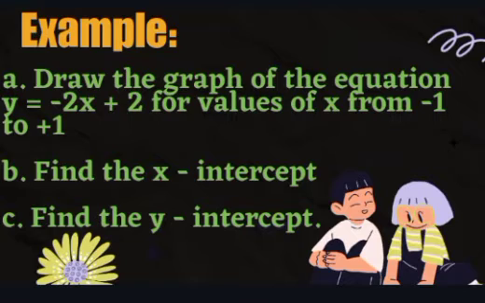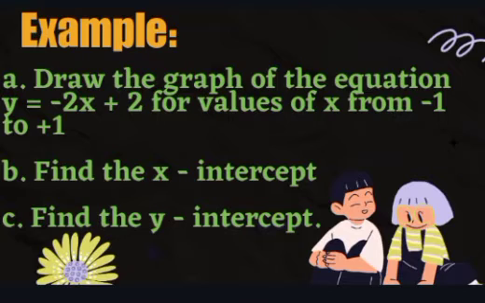So it should not go below minus 1. We don't need minus 2. And it should not go beyond plus 1. That is what we mean by a range of values of x from minus 1 to plus 1. If you are told to use values of x from minus 2 to plus 2 or minus 2 to plus 3, it means that you are going to have a table of values where x is minus 2, minus 1, 0, 1, and 2.